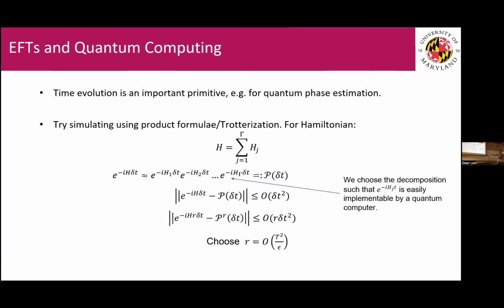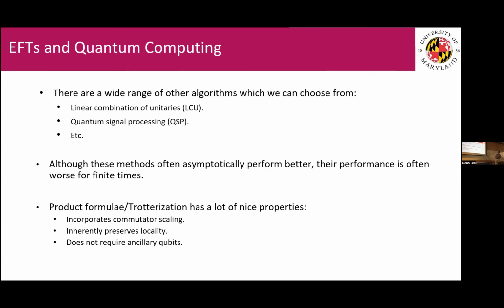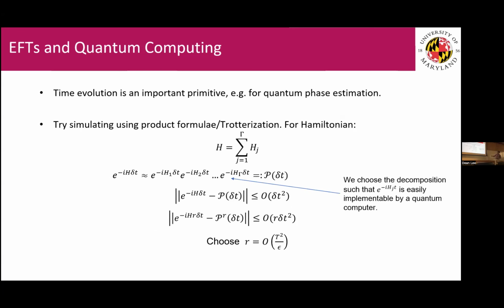There are a bunch of other factors hiding in this big O, but for the moment we're not going to be concerned about that, and I'll talk about it a little bit later. So this algorithm is basically saying, if I want to time evolve my state for some Hamiltonian, I can get an epsilon-good approximation to basically all properties of my state using this algorithm, provided I choose a large enough number of these repeat time steps.